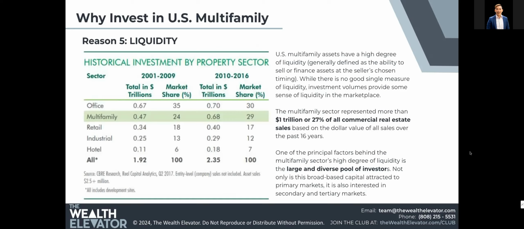There are other asset classes within the real estate sector: office, retail, industrial, hotel. There's even mobile home parks and self-storage, which I'm not a huge fan of. One of the nice things about multifamily is that it's one of the bigger asset classes, and thus a very liquid sector where we always test the market.